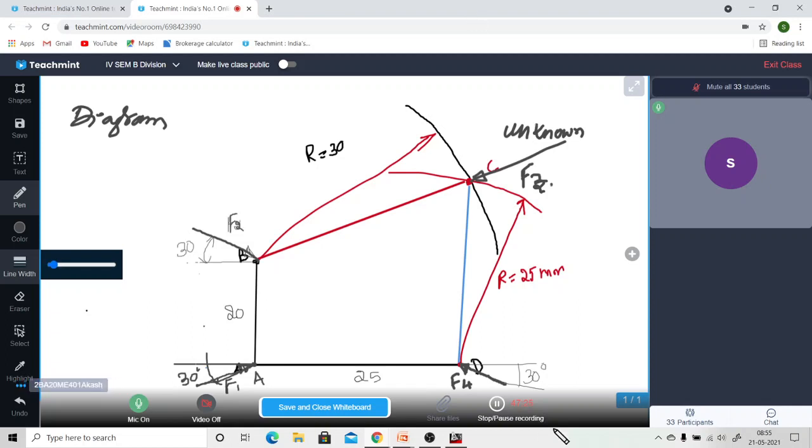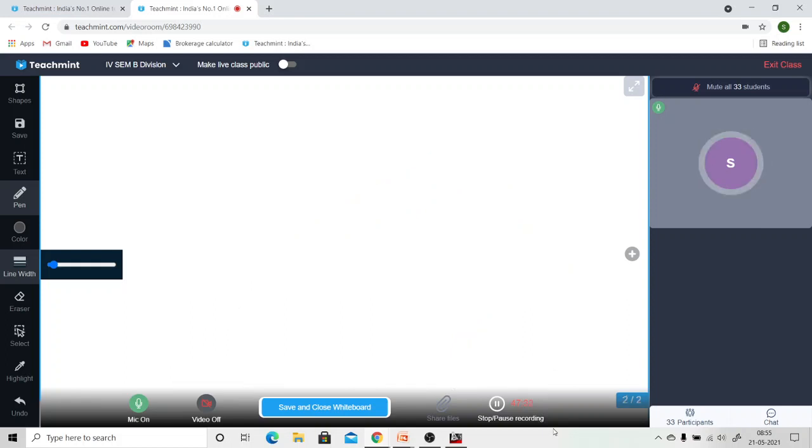Now let us go for drawing the force diagrams. Now you select a suitable scale here.